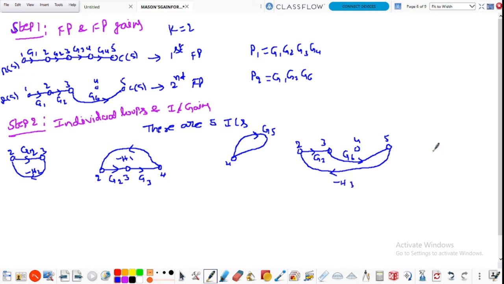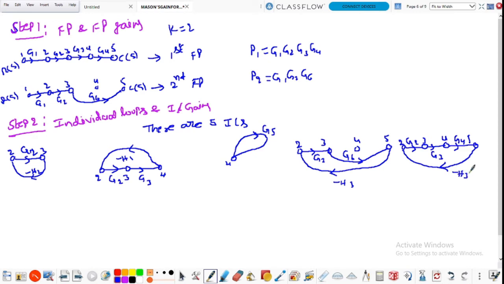One more individual loop is 2 to 3, 3 to 4, 4 to 5, 5 to 2. Node 2, node 3, node 4, node 5, and this gain is G2, this gain is G3, this gain is G4, and this gain is minus H3.